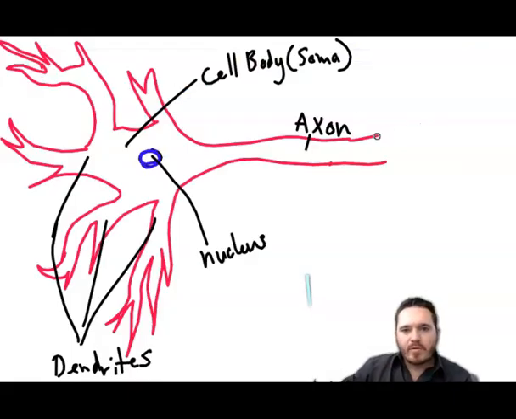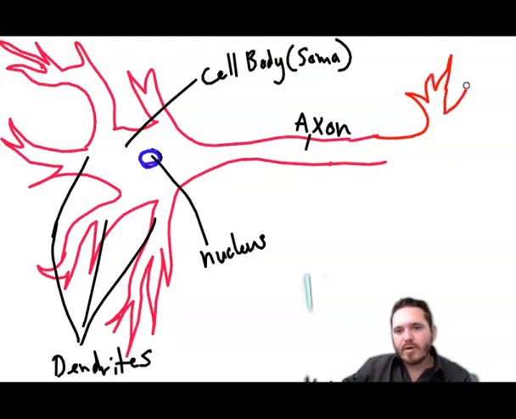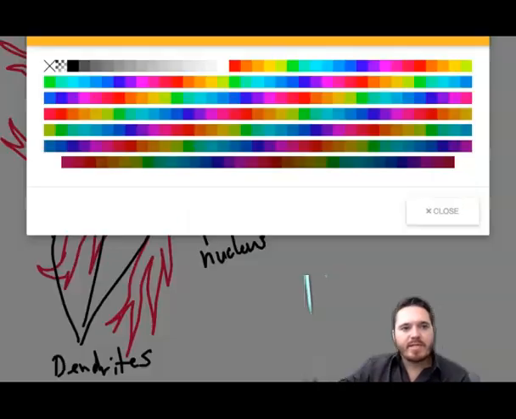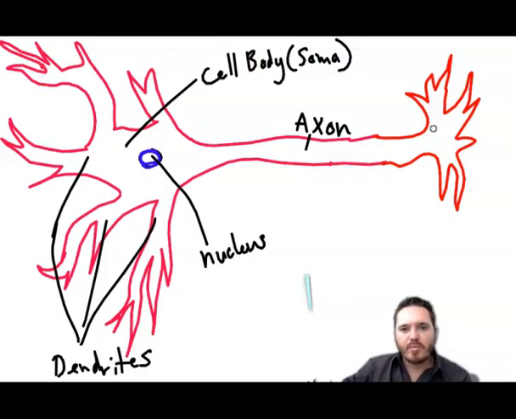Okay, and then towards the end of the neuron, you have another sort of branching part known as the axon terminal. So you can remember that because it's the end of the axon, the terminal end of the axon.